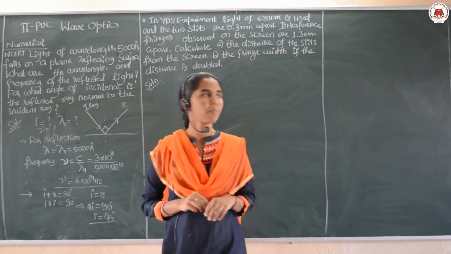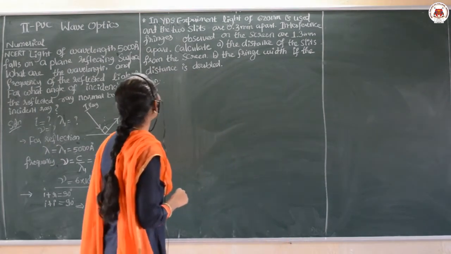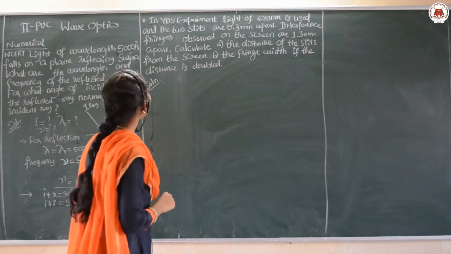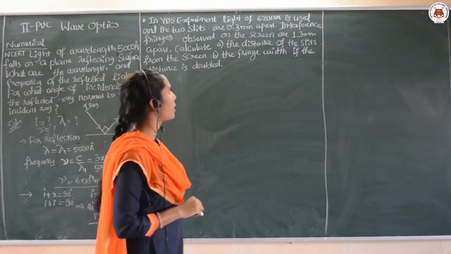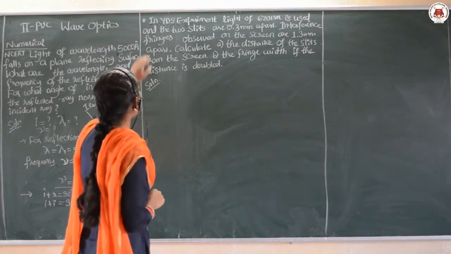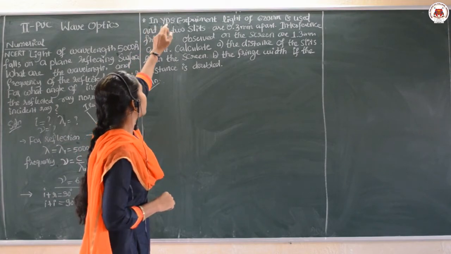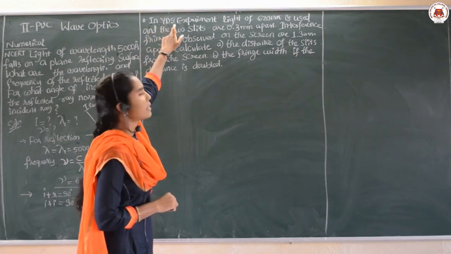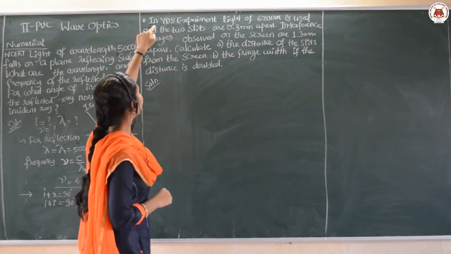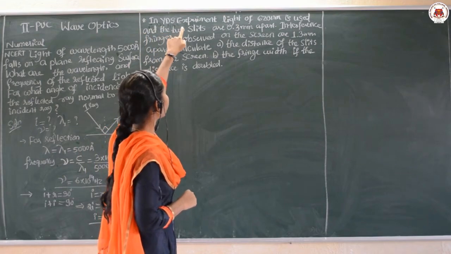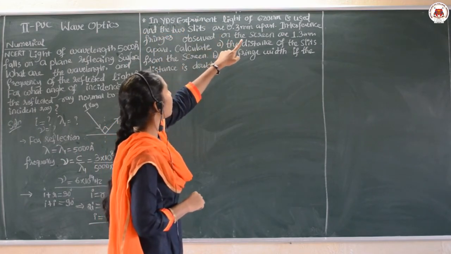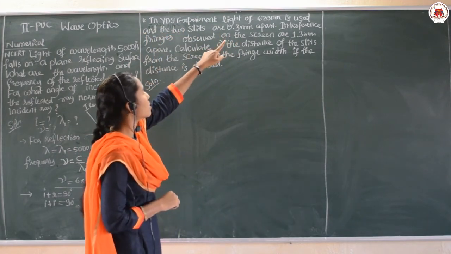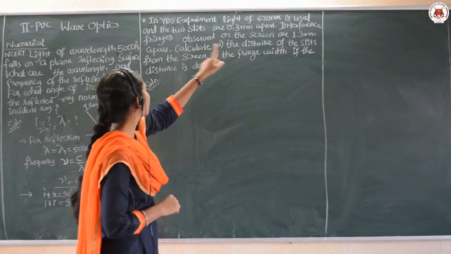Let us move to another numerical that is also a little important type. In YDSE, Young's double slit experiment, light of wavelength 620 nanometer is used.